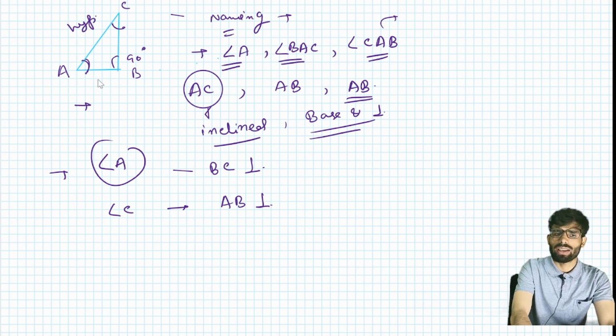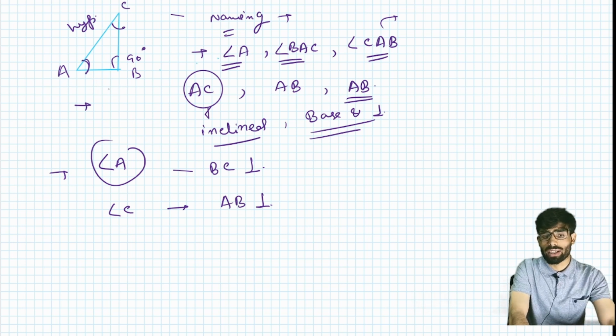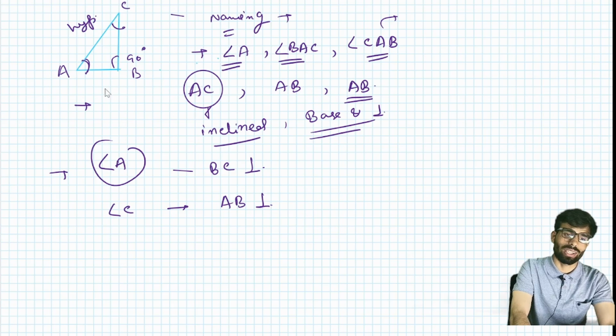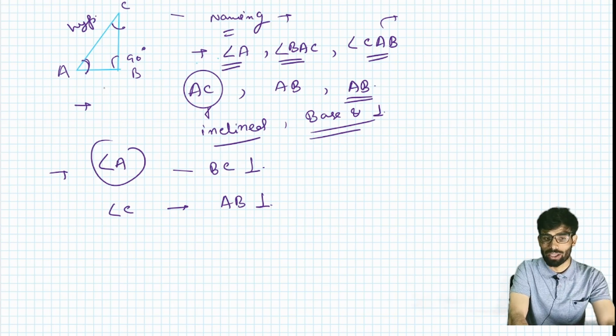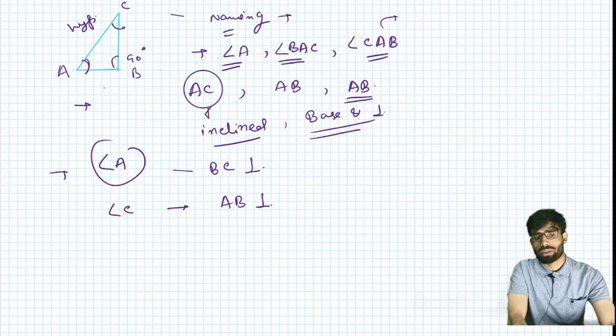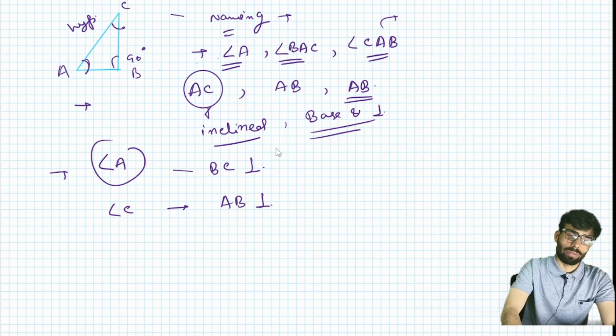It's not that the triangle is resting on side AB, so we call it base. That's not always true, but we have to use the trigonometry property to relate which side is perpendicular or base.